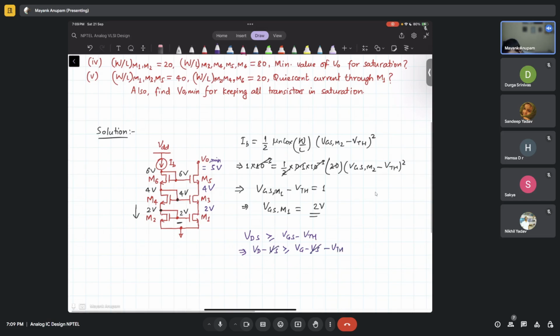So source and source gone. So VD has to be greater than or equal to VG minus VTH. Is this clear? So this is what I have done here. What is VD here? VO min has to be greater than VG, which is 6 volts, minus VTH, which is 1 volt. So this is how much?